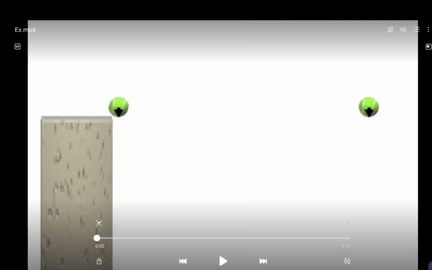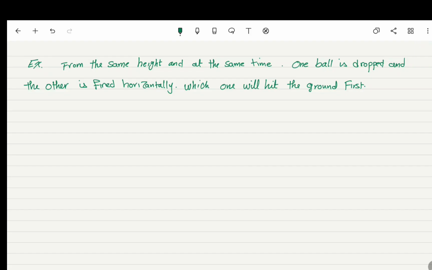So let's see what will happen here. As we can see, both balls will reach the ground at the same time because they both have the same acceleration, which in this case is g. So to answer this, both will reach the ground at the same time.